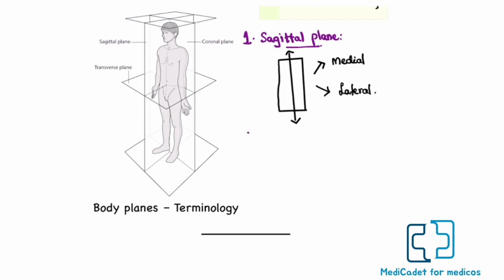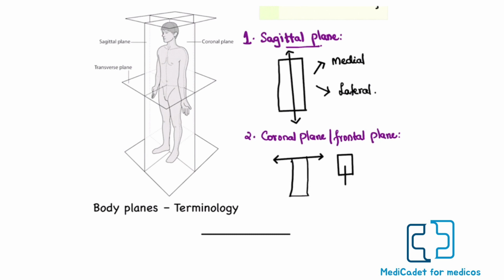Then coming to the second plane, the coronal plane, which is also called the frontal plane. This is the plane where you divide the same body into two halves again, and these halves are your anterior and your posterior.